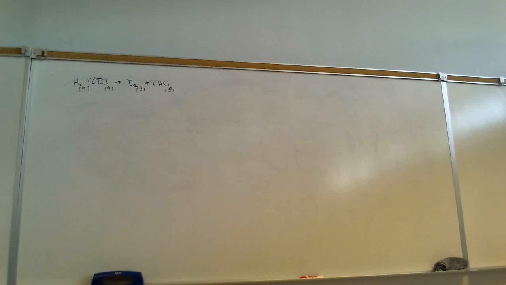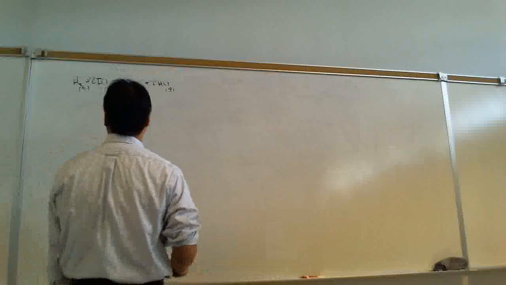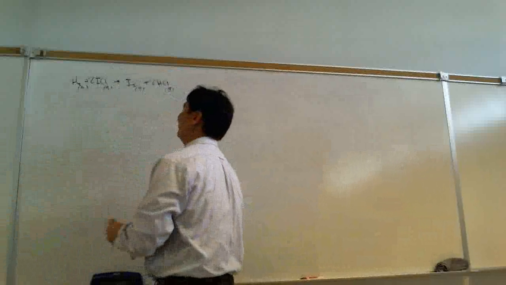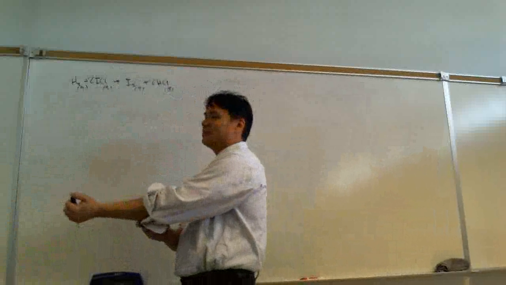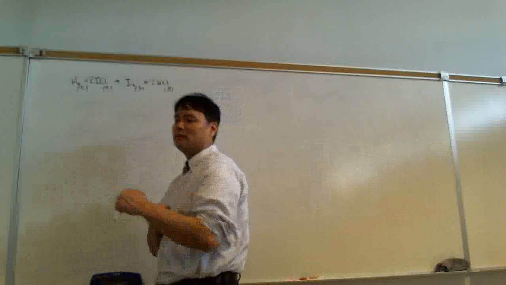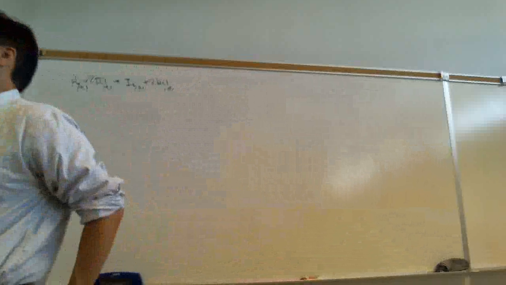The experimental rate law for this, let's go ahead and give that to you. Wait, how common is iodine chloride? This one? Yeah. It's not that rare. It's not difficult to make. These mixed halogen things.